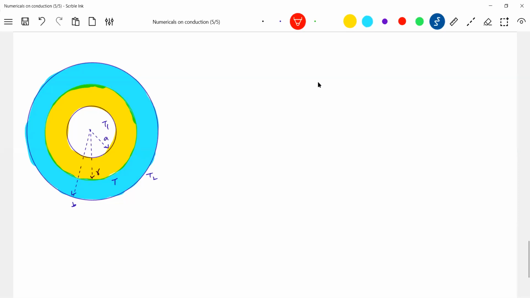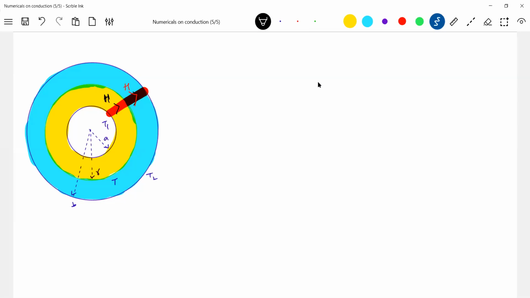What about heat current? The same heat current will flow here, no? I'll show it only in one place. The same heat current is flowing. So how are they? They are in series. Again, what you can write?